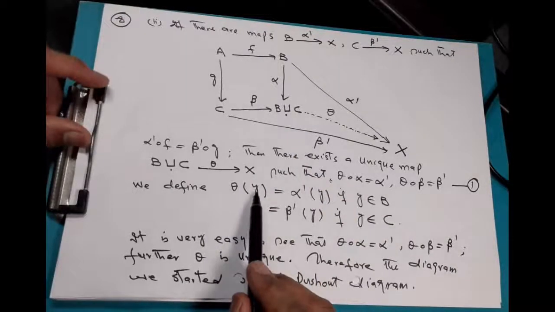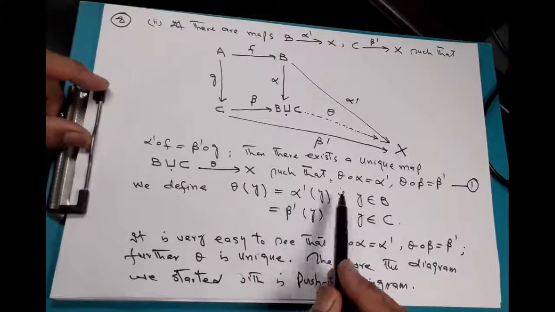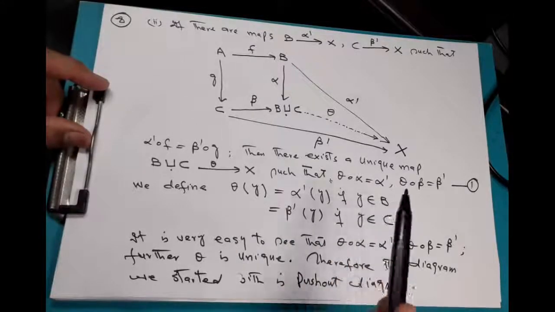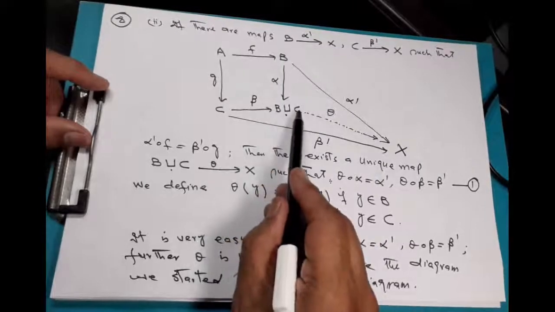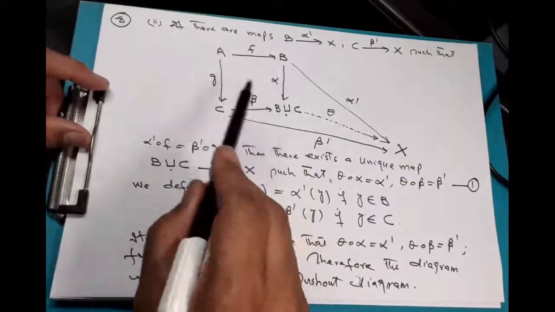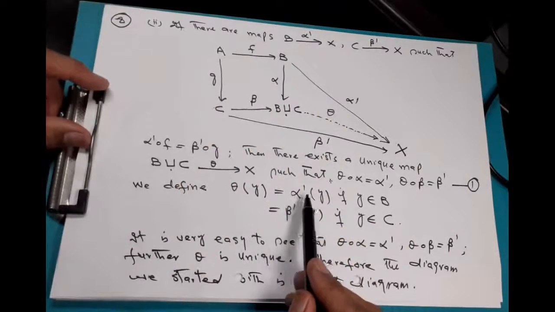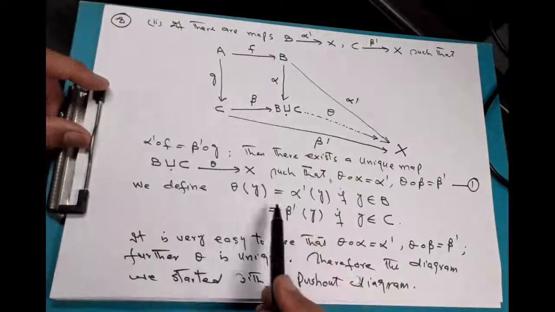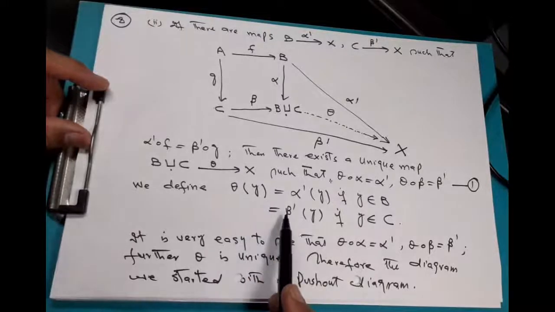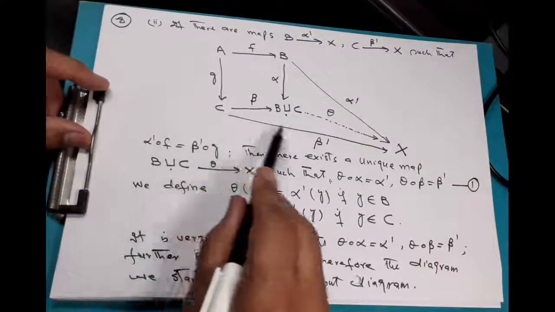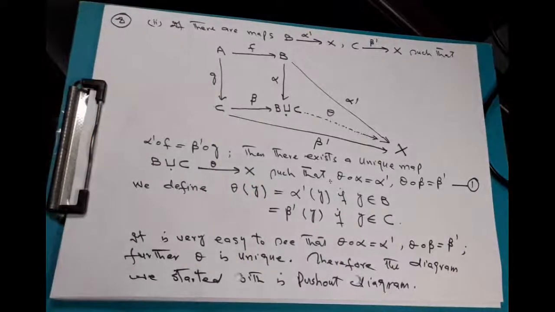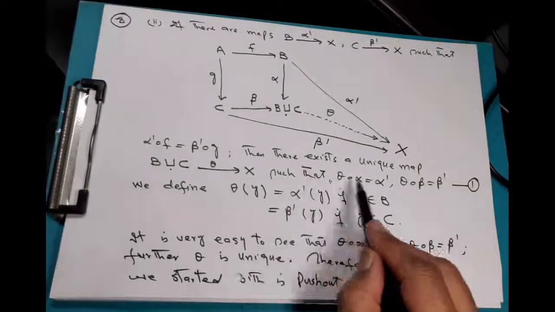Remember that elements of this object are either the elements of B or the elements of C. So the effect of theta on y will be equal to alpha dash y if y belongs to B, and the effect of theta on y is equal to beta dash y if y belongs to C. So this is the way we define theta, and it is very easy to see that theta composed with alpha is equal to alpha dash and theta composed with beta is equal to beta dash. This is what we had to prove.